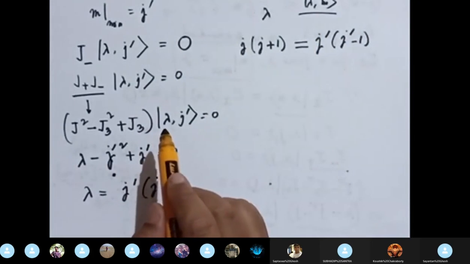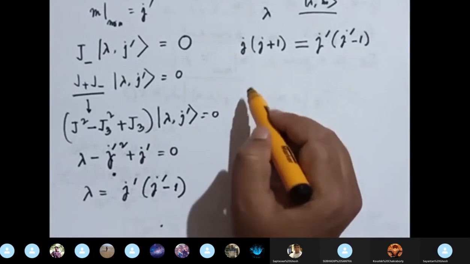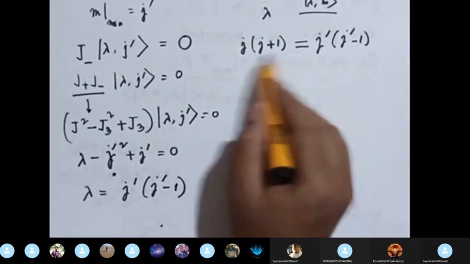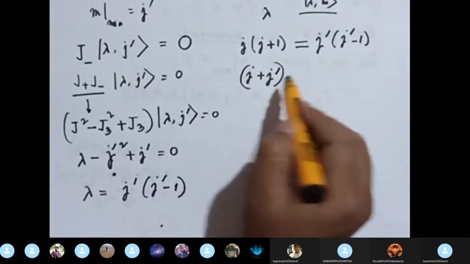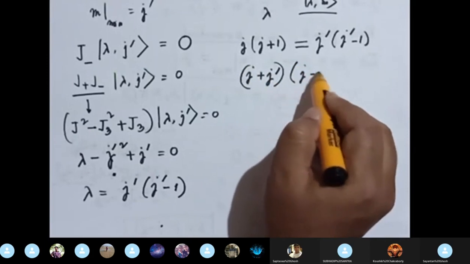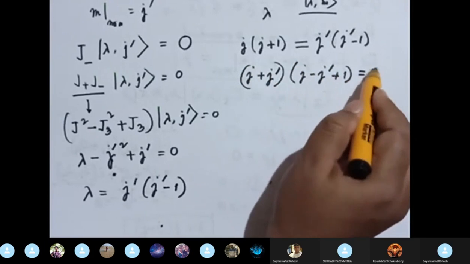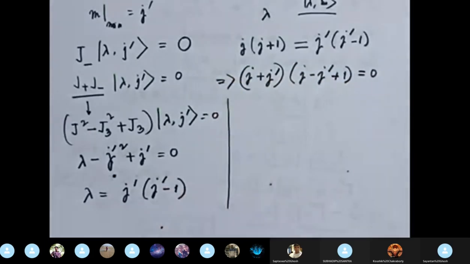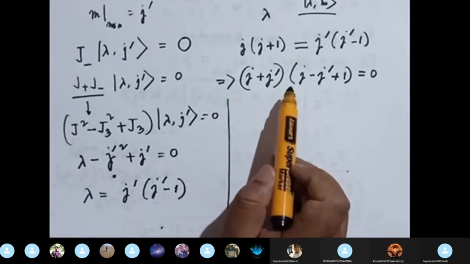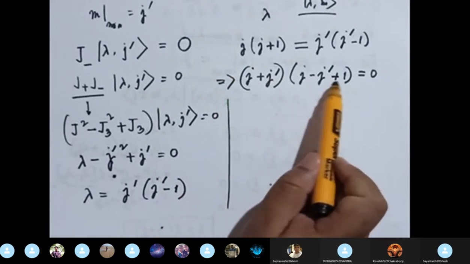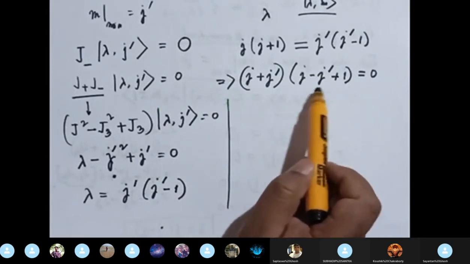So maximum value and minimum value are connected by this equation, and if you just multiply, you get j plus j prime into j minus j prime plus 1 is equal to 0. Here, if this is 0, any one of them is 0. Therefore, this cannot be 0. Why can this not be 0? Can anyone tell me why this cannot be 0?